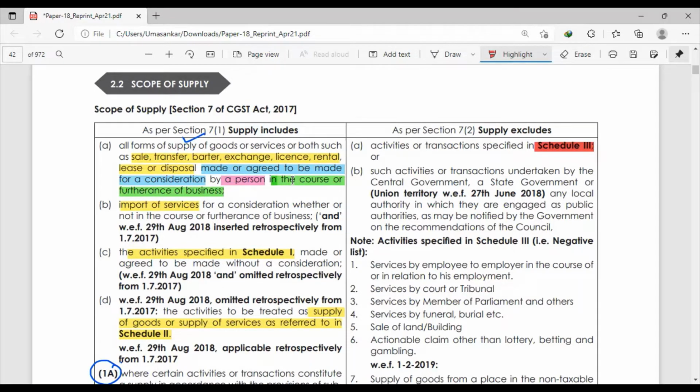Such activities or transactions undertaken by the central government, state government, or local authority in which they are engaged as public authorities have been notified by the government on recommendation of the council.